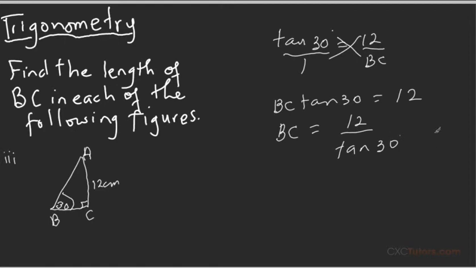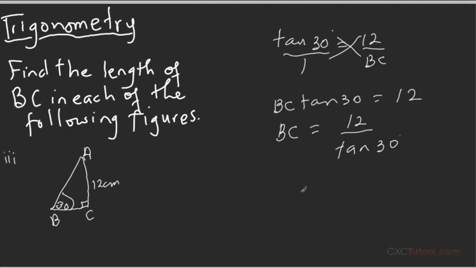Now at this point you can do one of two things. You can just put in your calculator 12 divided by tan 30 and get a value where all the values of tan 30 will be used, or you can find what tan 30 is, and then you have 12 divided by tan 30 rounded to at most 3 decimal places.